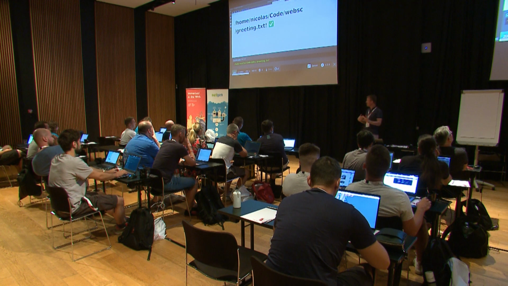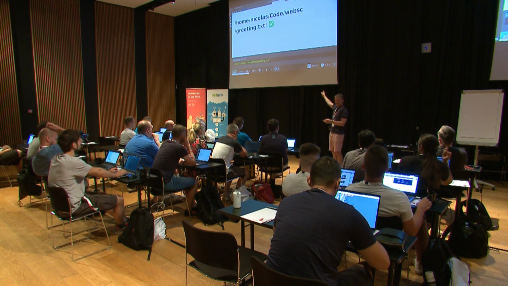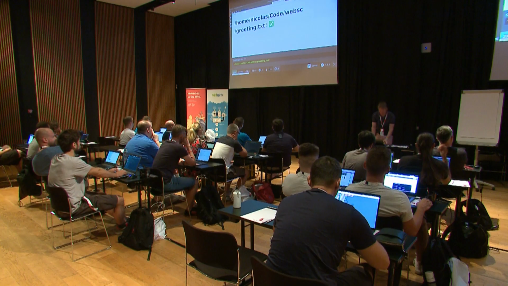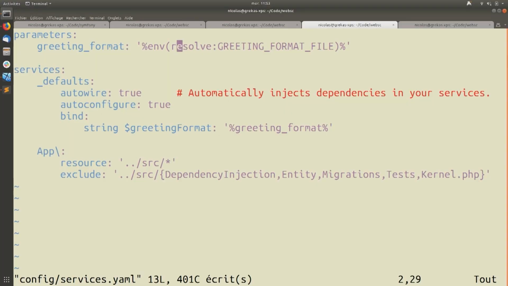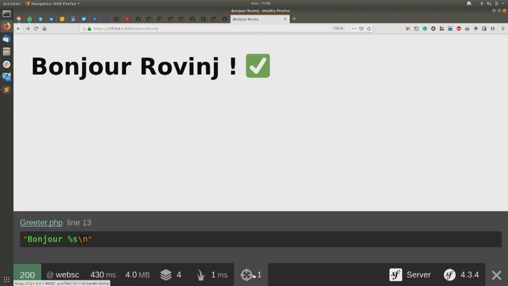Now we say we miss another processing step, which is, hey, open that file and give me the content. That would be useful, right? So we do that using file. And now it works. So that's environment variable processing, right?